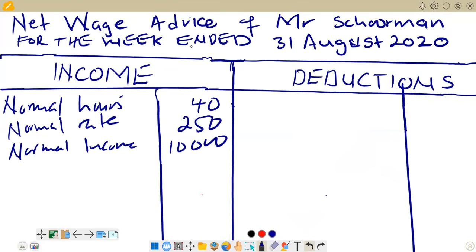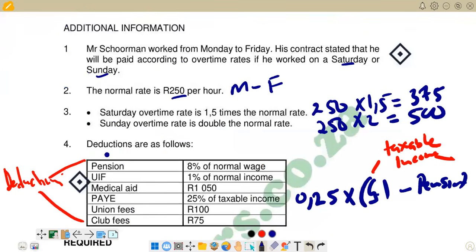Overtime hours. Remember, we've got a different rate for Saturday and a different rate for Sunday. So let's start with Saturday. Overtime hours Saturday. We go back to the table to see how many hours we have for overtime.